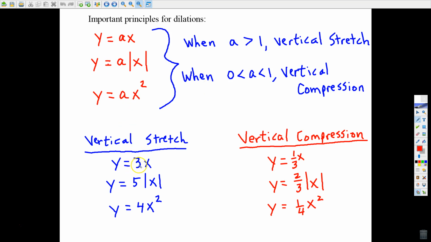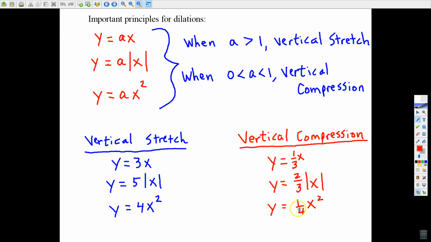Alright, so here are some examples of transformations, dilations, that involve vertical stretch. Notice the number in front of x, in front of the absolute value of x, in front of x squared. In all of these cases, the number a is greater than 1, so you know you're going to be dealing with vertical stretch. Over here are some examples of the a number being between 0 and 1, in other words, a fraction.